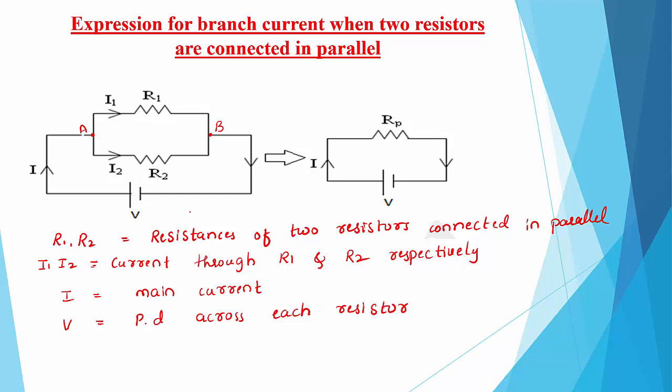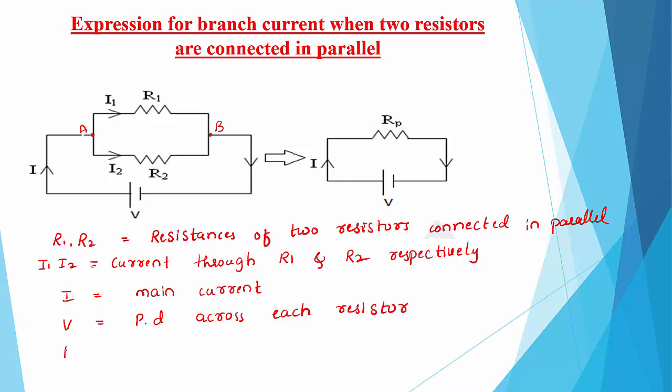Instead of taking two resistors connected in parallel, we can replace these two resistors by a single resistance Rp. Rp is the equivalent resistance of two resistors connected in parallel. Instead of two resistors, we can consider a single resistor which gives the same effect.